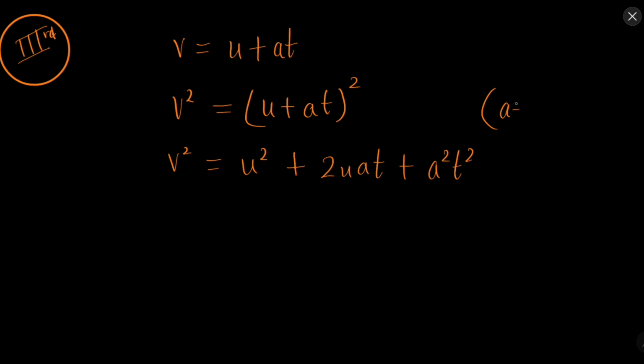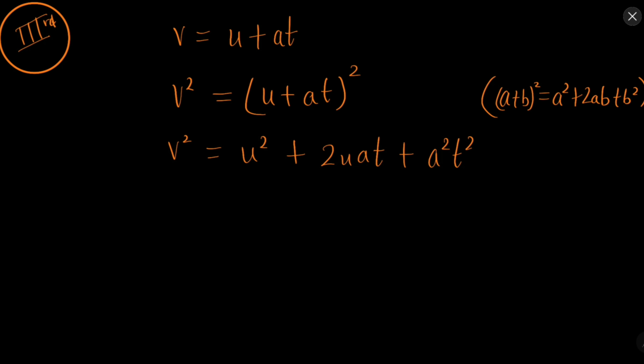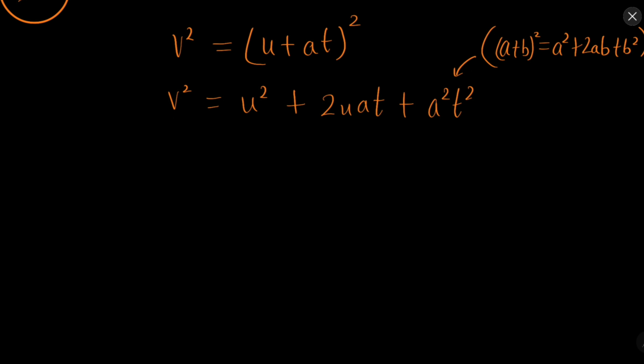I've used the formula (a plus b) whole square equal to a square plus 2ab plus b square. Okay, so now what I get is v square equal to u square plus, let's take 2a common, (ut plus half at square).